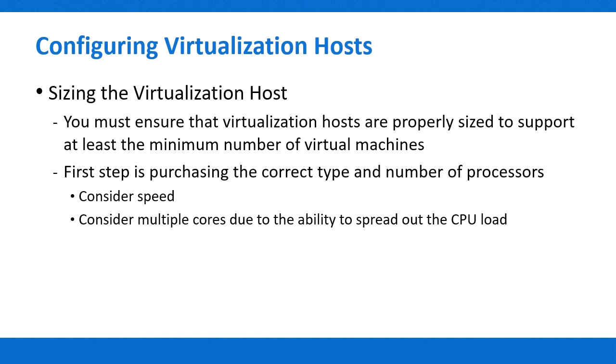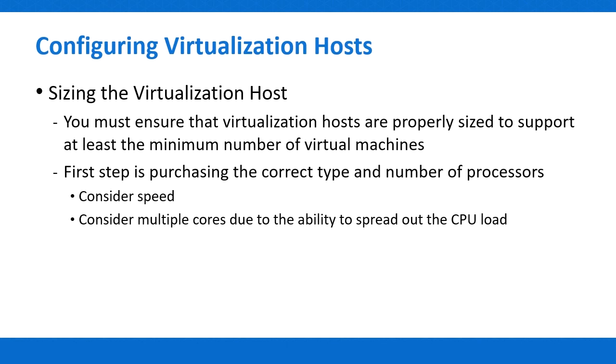A multi-core processor is simply a single physical CPU with two or more independent CPUs called cores, and this is very common today. And generally speaking, for virtualization, you're better off spending money on more cores with more cache rather than on faster CPU speeds.